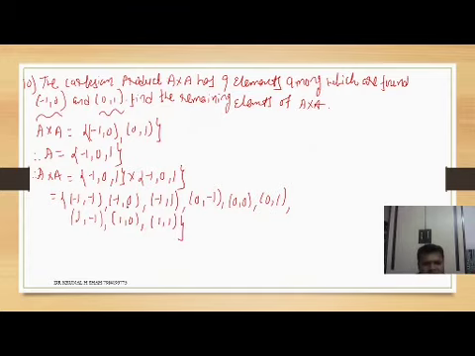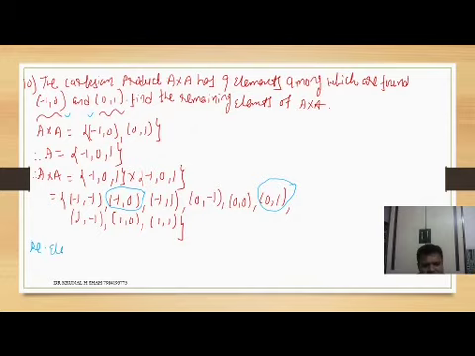Among this, there is (-1, 0). Which elements are already given? So this (-1, 0) is already given. The next one is going to be (0, 1). These two elements are already there. Okay. Now what we want to find is the remaining elements.